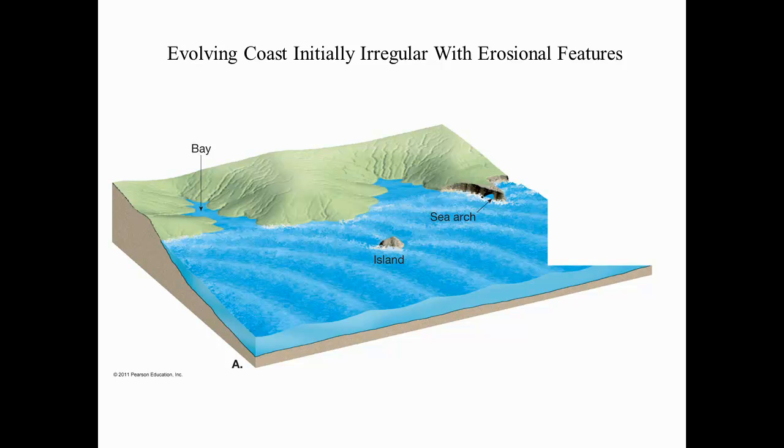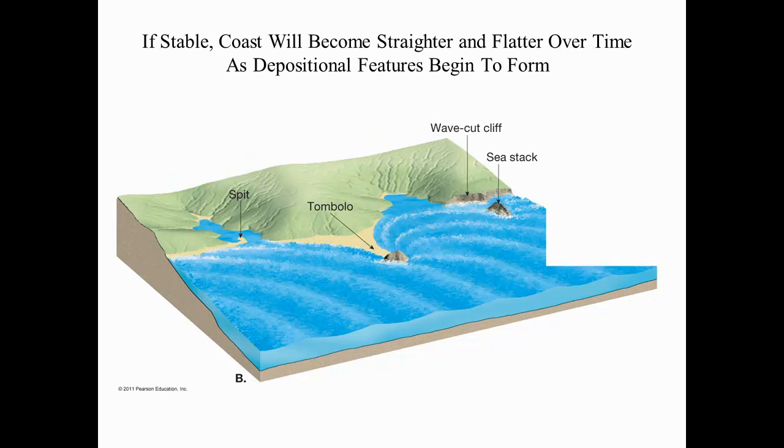There's virtually no beach at this point because any sediment, again, that's produced is just carried away by the waves and the currents. But then, over time, if the coastal area is stable, the coast will gradually become straighter and flatter over time as depositional features begin to form.